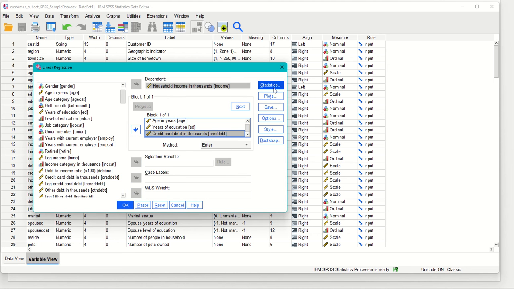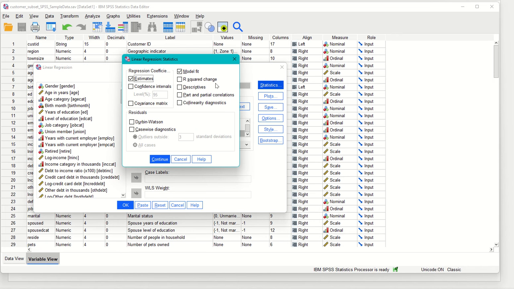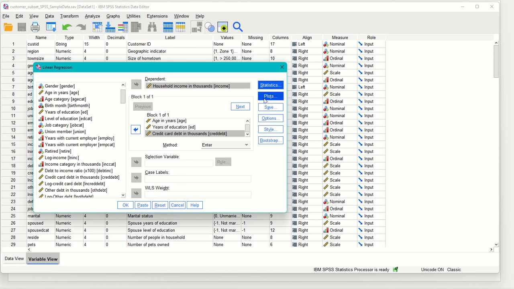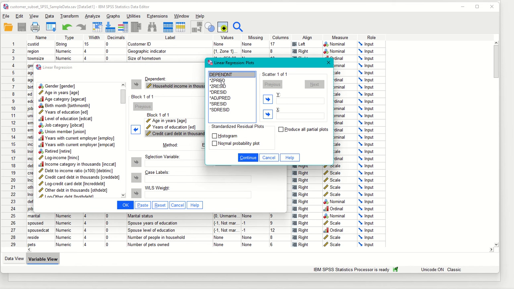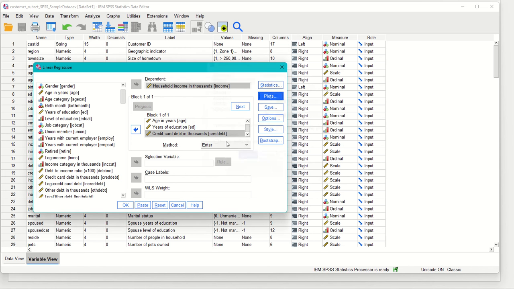All right, and then we're going to select Statistics, and we're going to select confidence intervals, R-squared change, and descriptives, and select Continue. And just for the fun of it, let's take a look at what this looks like visually. So we'll put our dependent variable in the y-axis and the predictor variables into the x-axis, and click Continue so we can get a chart.